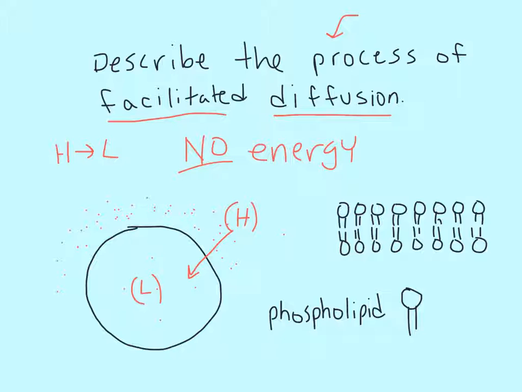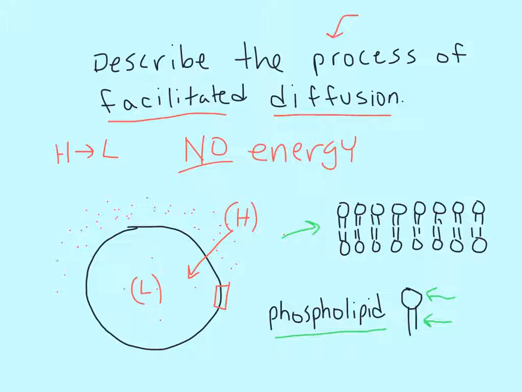Now, with simple diffusion, it is going directly through the cell membrane. And remember, the cell membrane looks something like this. Remember, it's made out of phospholipids. Remember, the head is hydrophilic. It likes water. And the tails are lipid tails.